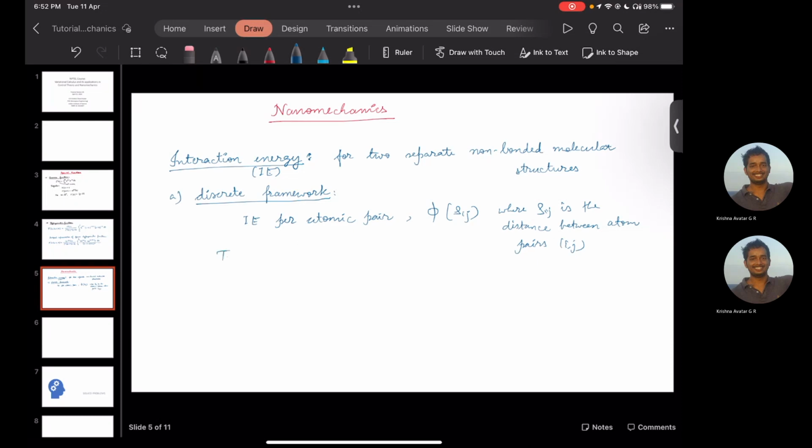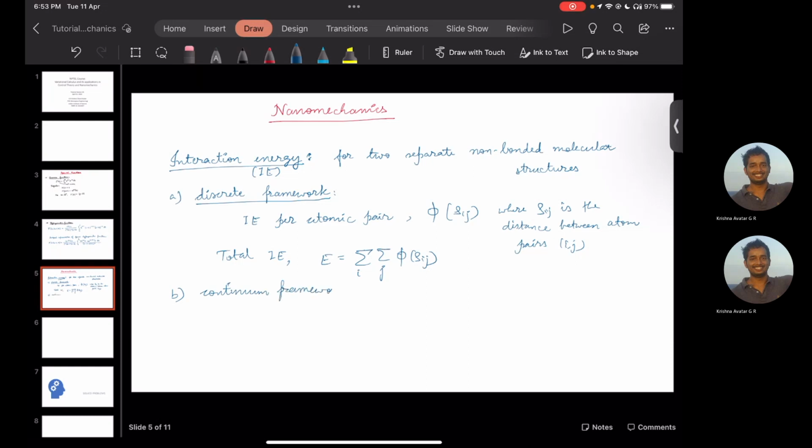And the total interaction energy for all the atoms in a system is E equal to the double summation over i, j of phi of rho ij. So essentially, we just sum up all the interaction energies per atomic pair. Then the next framework is our continuum framework.